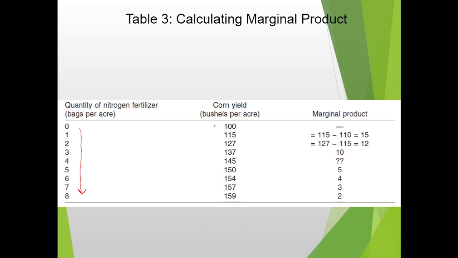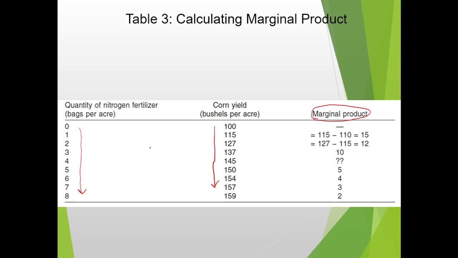Corn yield is also increasing again as there is an increase in quantity of nitrogen fertilizer. There is an increase in the corn yield as we go down in the table. Now a new term has been introduced over here, which is the marginal product.